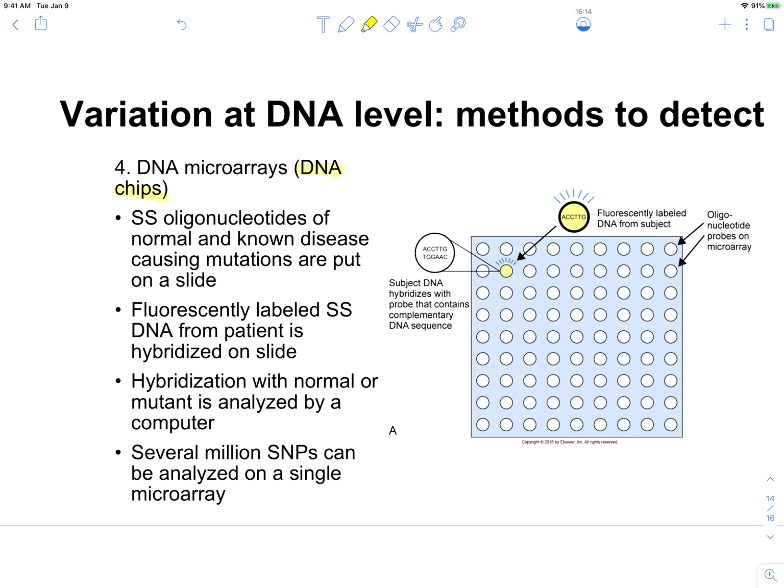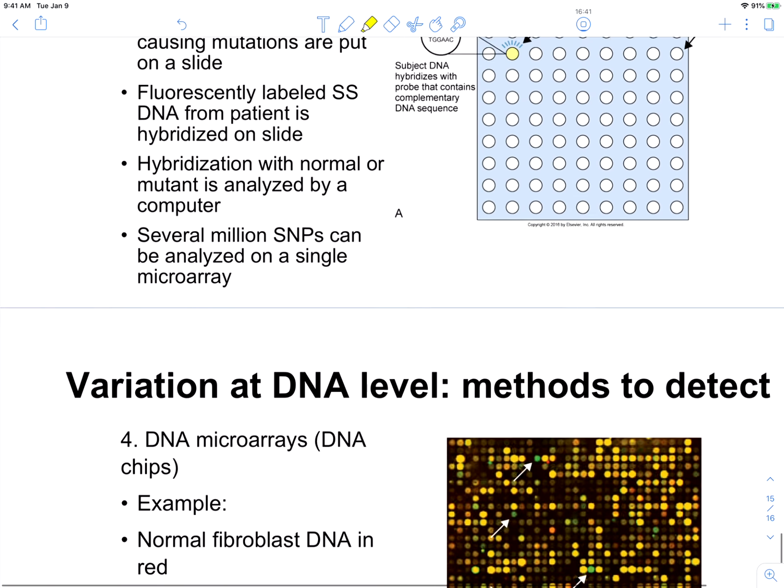Then you're going to label your single-stranded DNA from a patient. You're going to separate the DNA, label them with a probe, add them to the slide, and if they bind or anneal to a particular area, then you can say this patient has this gene or this mutation, for example. You can add several million SNPs on a single microarray. It's a very powerful tool to be able to see multiple things at the same time.